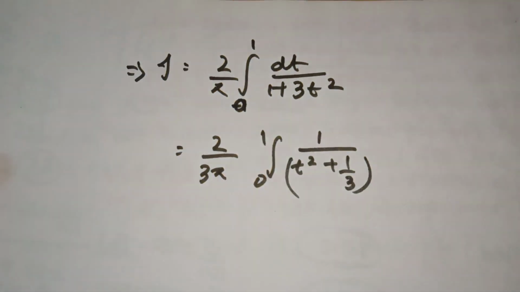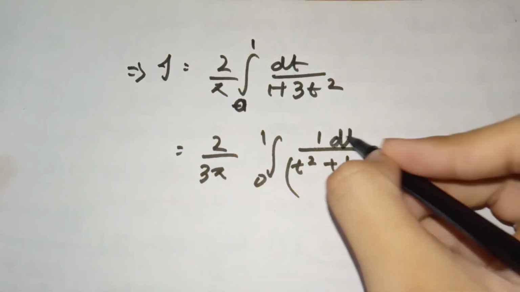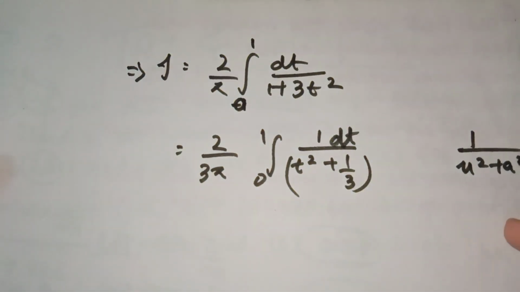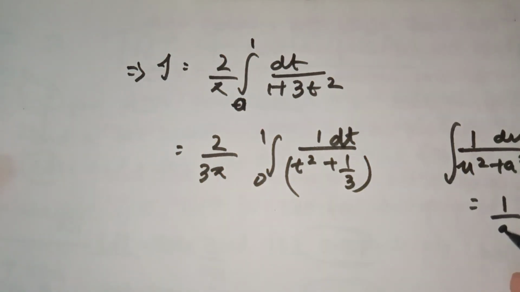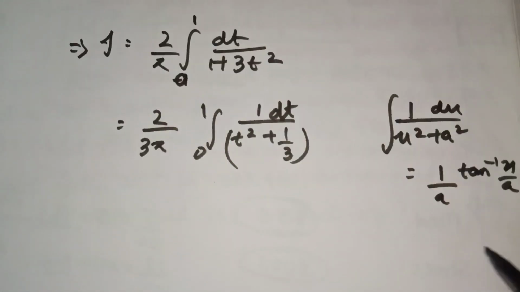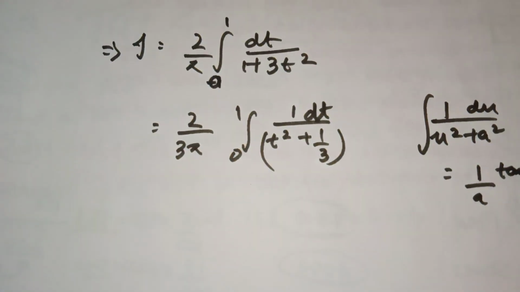Now we have learned the formula that the integration of 1 by x square plus a square dx is equal to 1 by a tan inverse x by a. So here in place of x we are having t, in place of a we are having 1 by root 3.